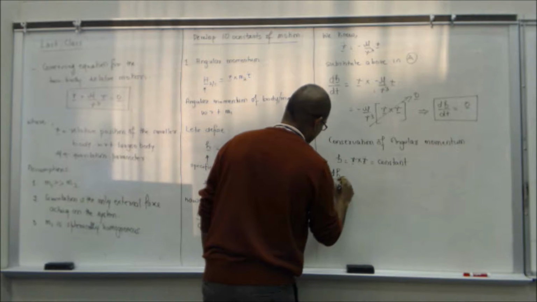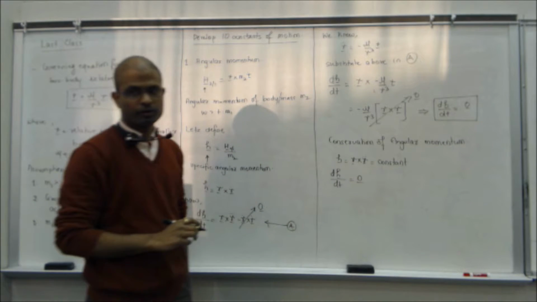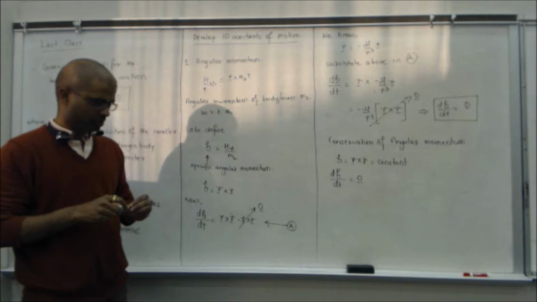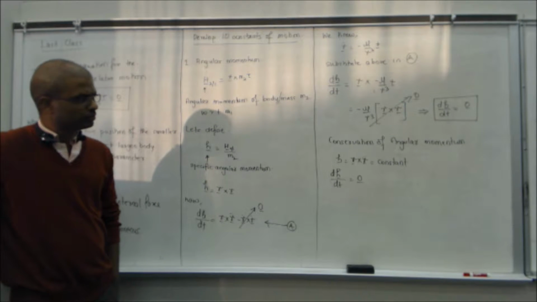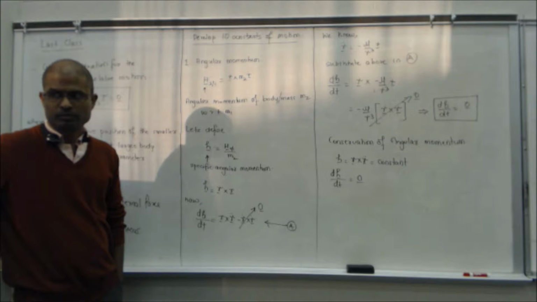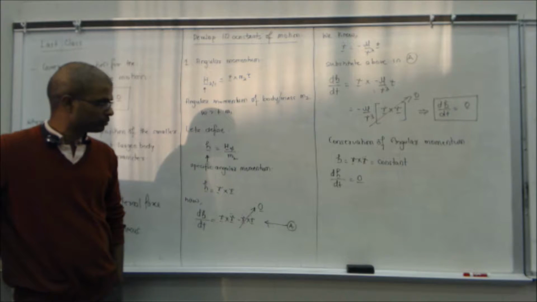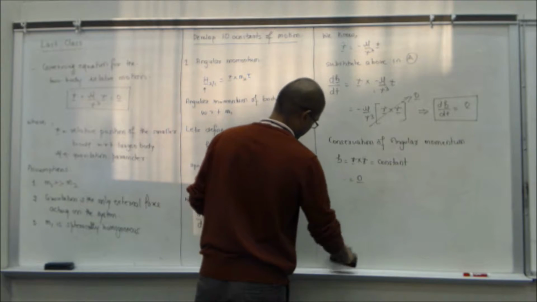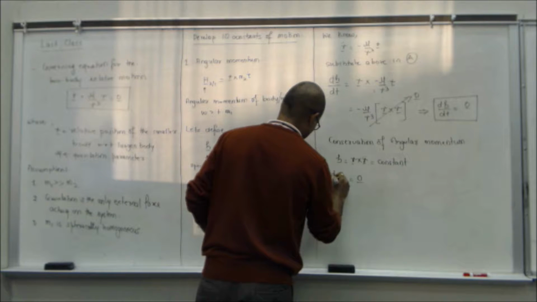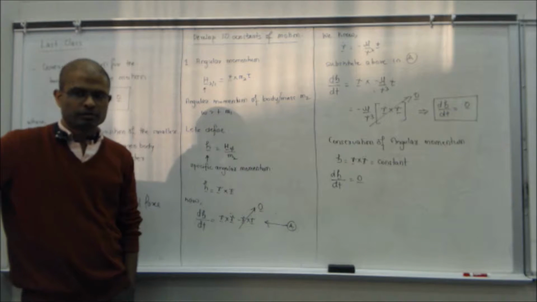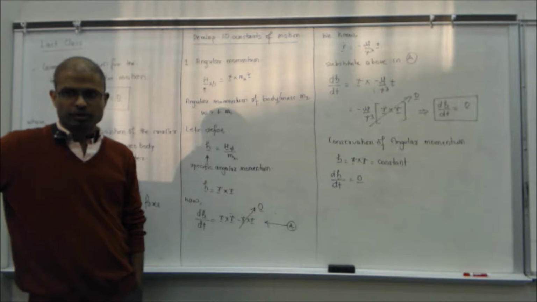The derivative of a constant is 0, but the h itself is constant. Is that right, everyone?